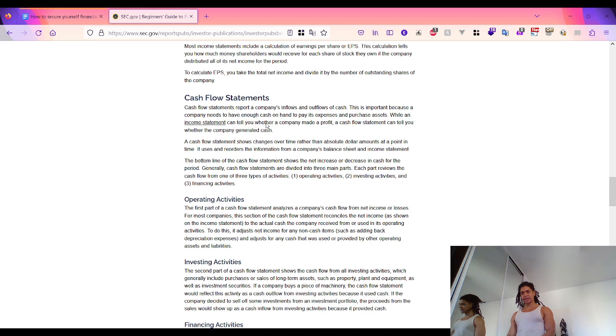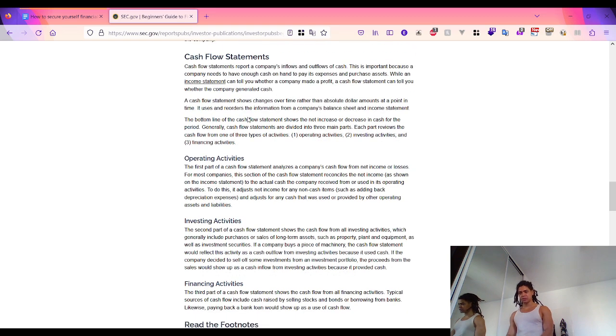While an income statement can tell you whether a company made a profit, a cash flow statement can tell you whether the company generated cash, whereas the income statement shows you how much revenue or how much profit or loss a company made.